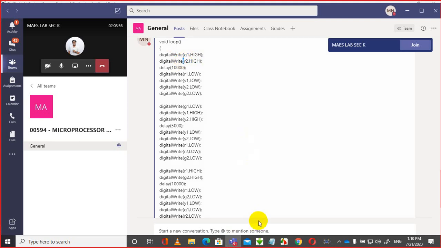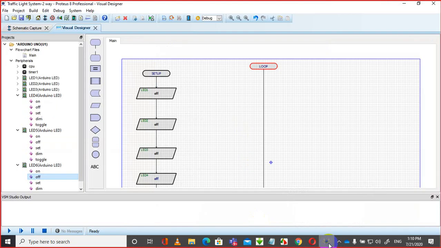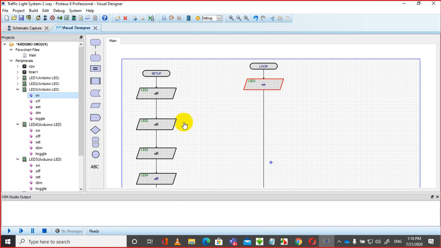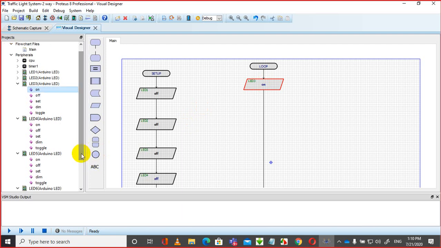So that means the third LED, the green LED on lane 1, is high. At the same time, the red light of lane 2, this is LED 4, the red light, will be on.